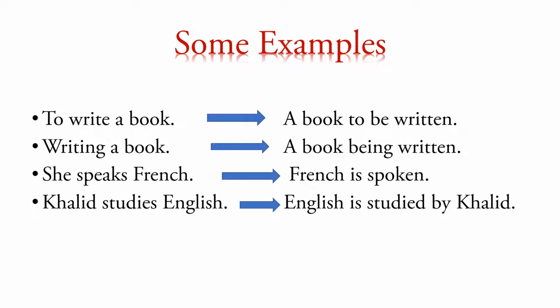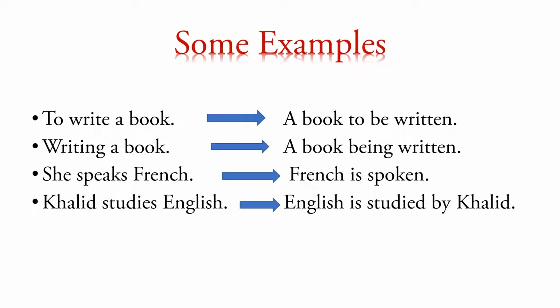A book being written. We have a book, the object, plus verb to be, being, in the tense of the first sentence, verb plus ing. So here we have being plus written, the past participle of the verb.